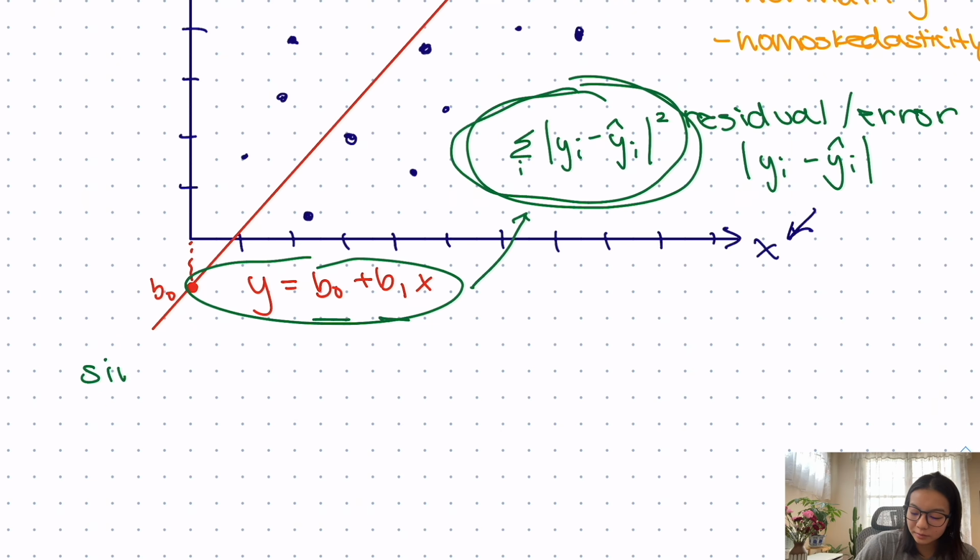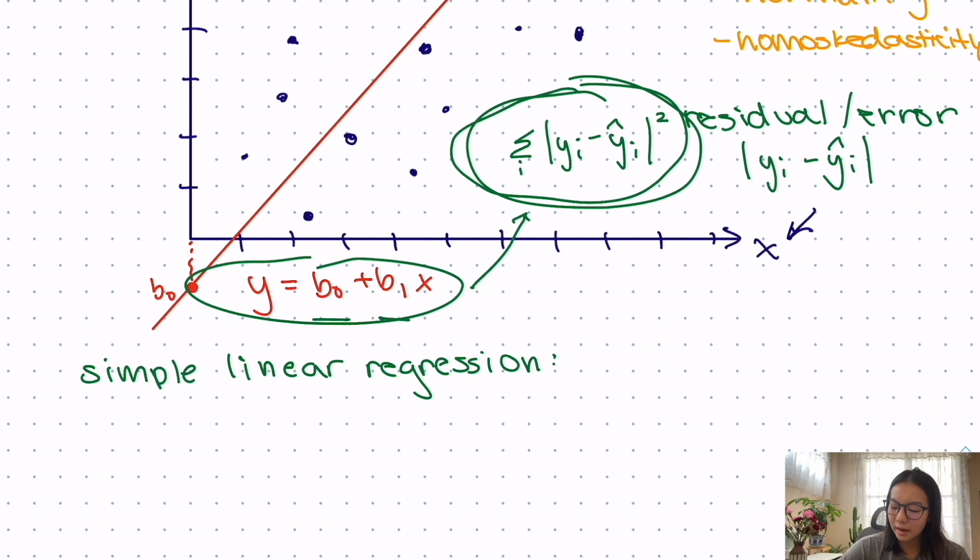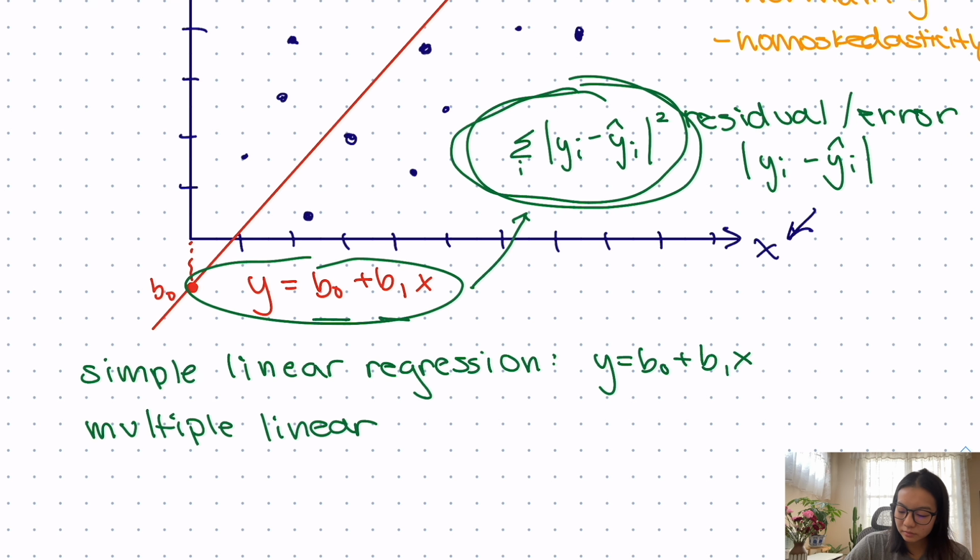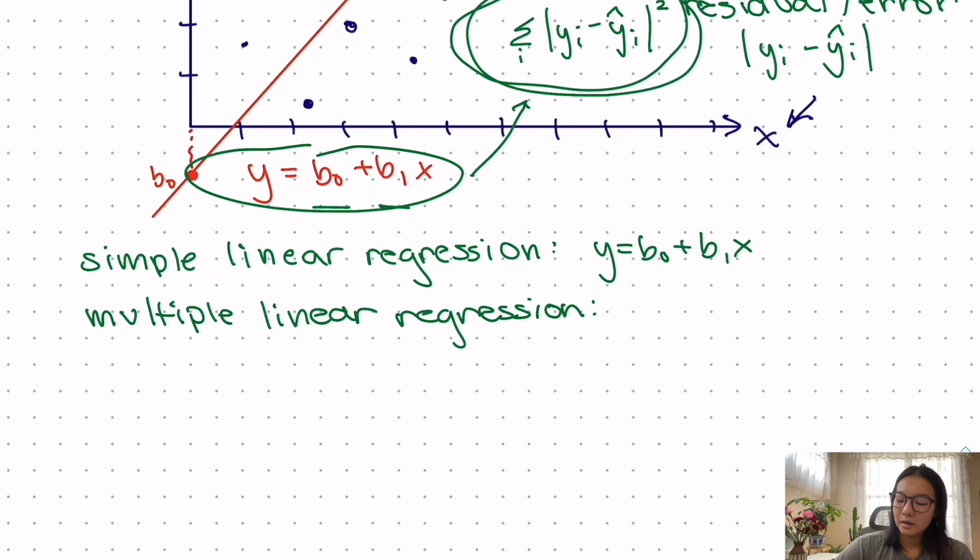This is known as simple linear regression, and basically that means our equation looks something like this. Now, there's also multiple linear regression, which just means that if we have more than one value for x, so think of our feature vectors, we have multiple values in our x vector, then our predictor might look something more like this.